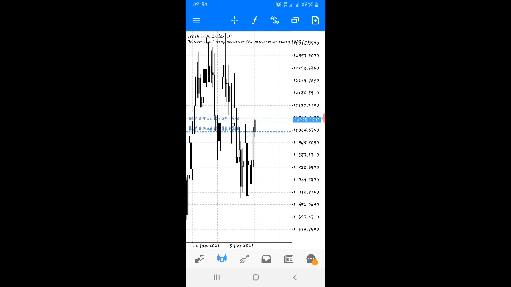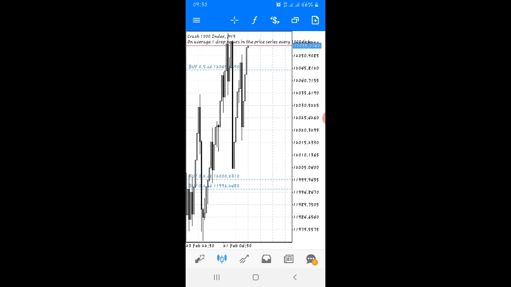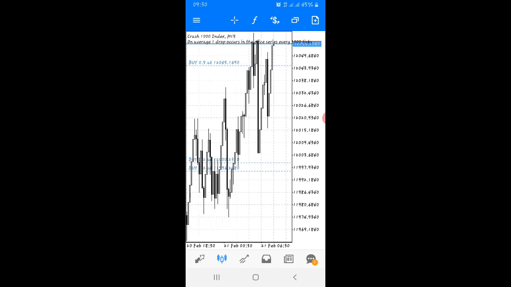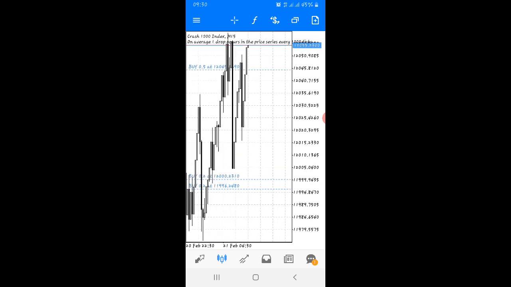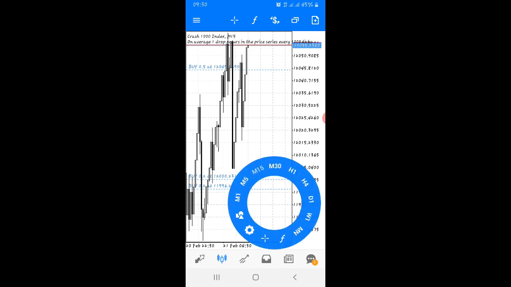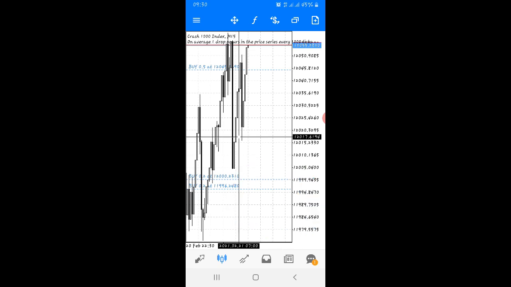Yes, guys, so this is how these things work. Let me check on the 15-minute time frame. This is the 15-minute time frame. I will soon leave this market, because at this resistance, it might spike.